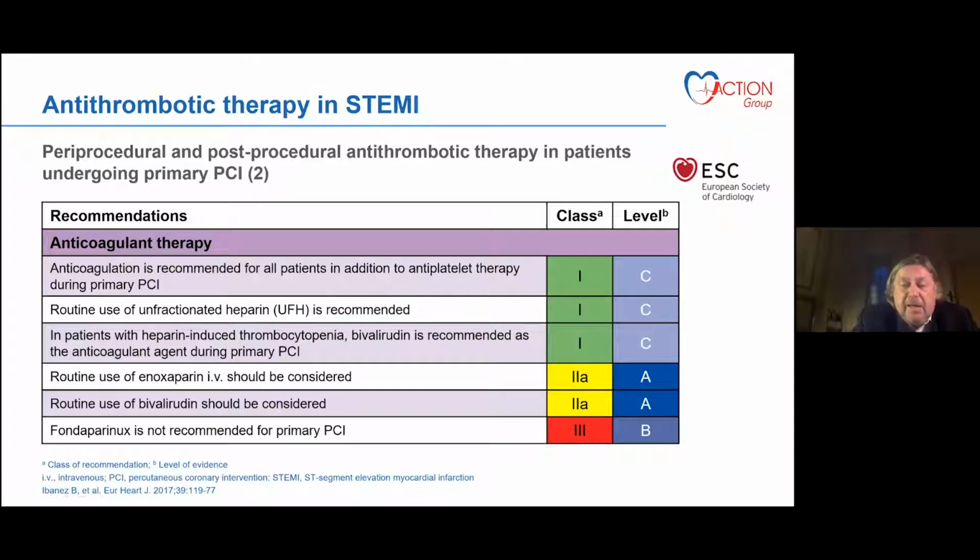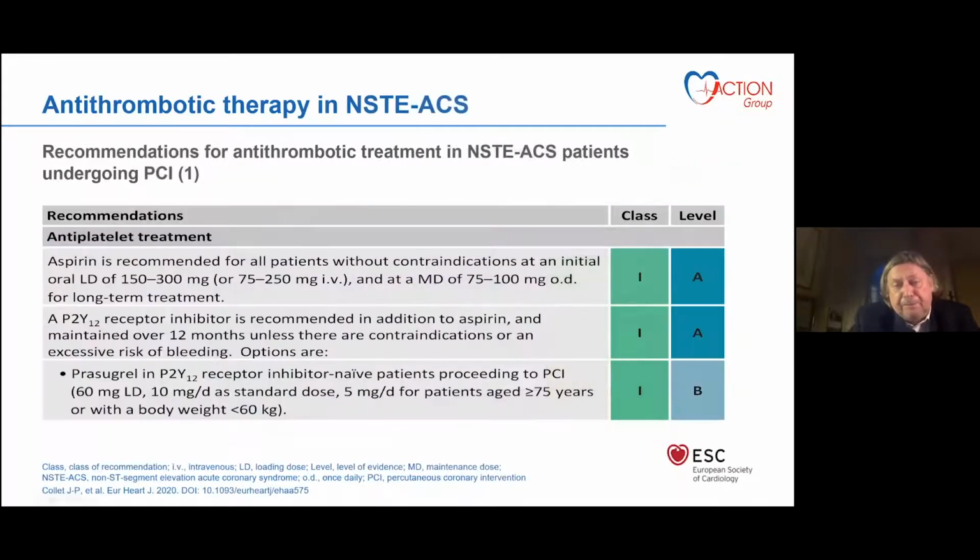Here mainly enoxaparin, especially in France, and also bivalirudin can be used in certain situations. The routine use of enoxaparin and bivalirudin is not recommended for the majority of our patients, but they are still used in certain countries and regions. And fondaparinux is not a drug for the intervention itself.